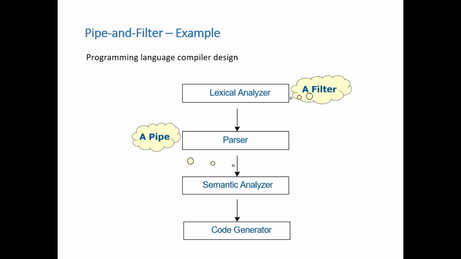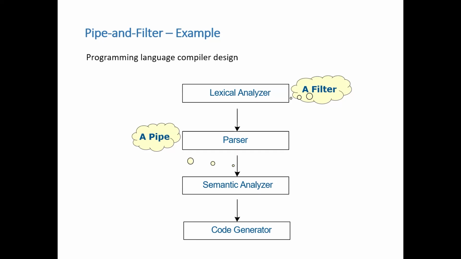The connection between these steps, the way data flows from one to the next, is handled through pipes. So you can imagine the source code flowing into the first filter, the lexical analyzer, which breaks it into tokens. These tokens are passed through a pipe to the parser, which builds a syntax tree and so on.